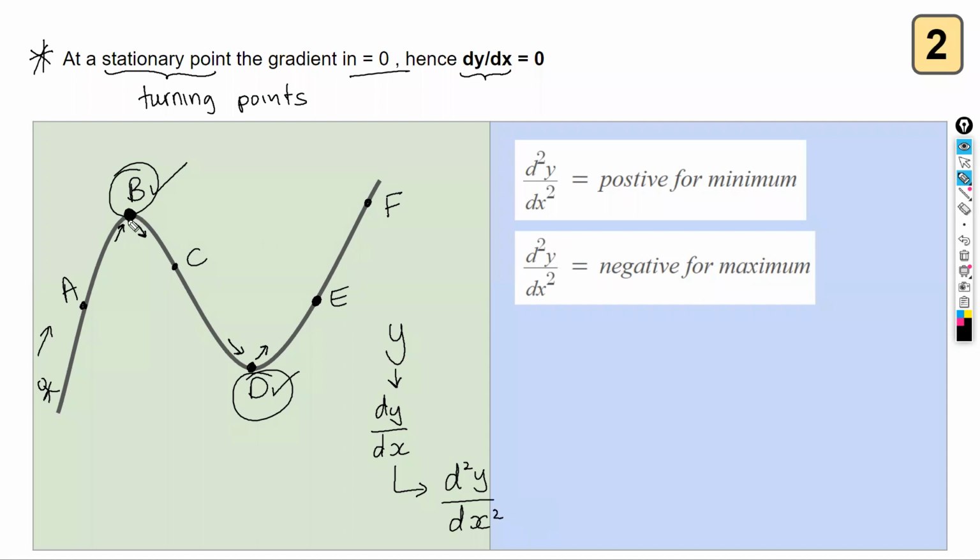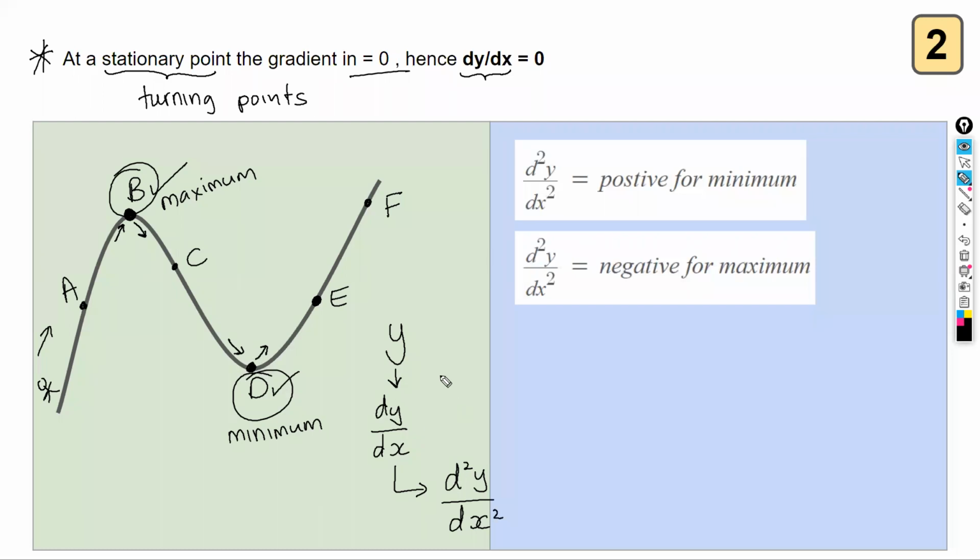Point B is what you call a maximum stationary point. It makes sense because this is like the highest point on the mountain. A maximum is go up and then go down. Point D is what you call a minimum stationary point. Minimums go down first and then go up.